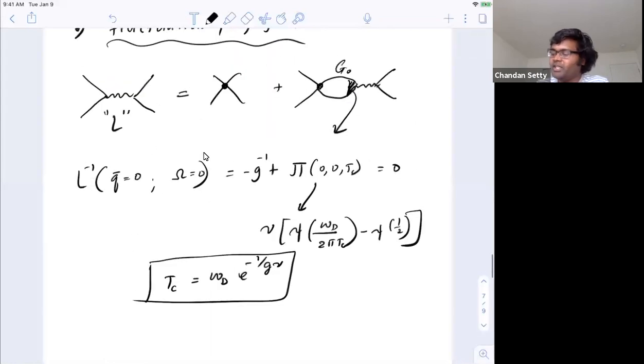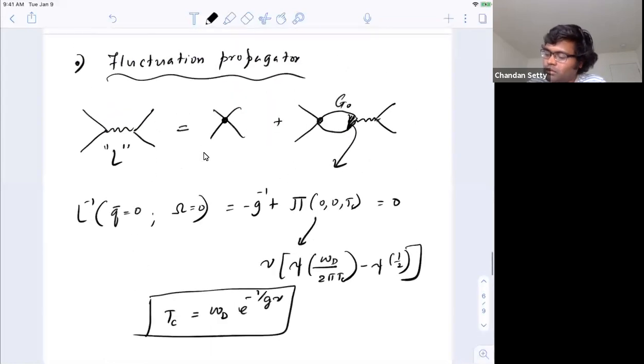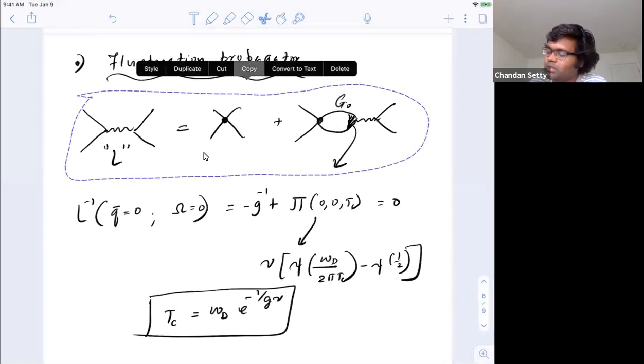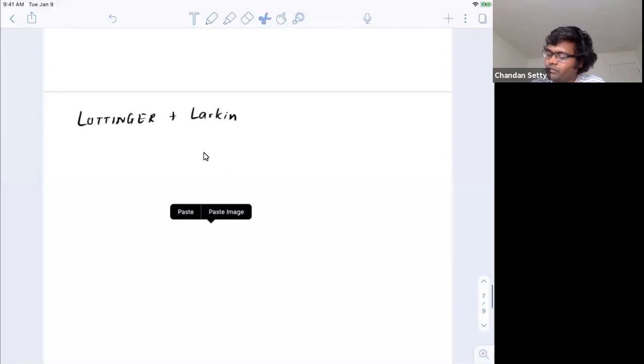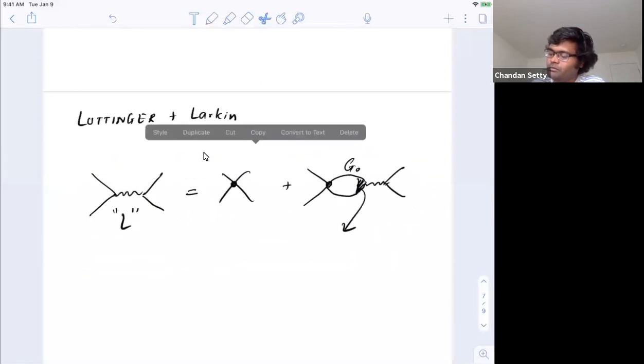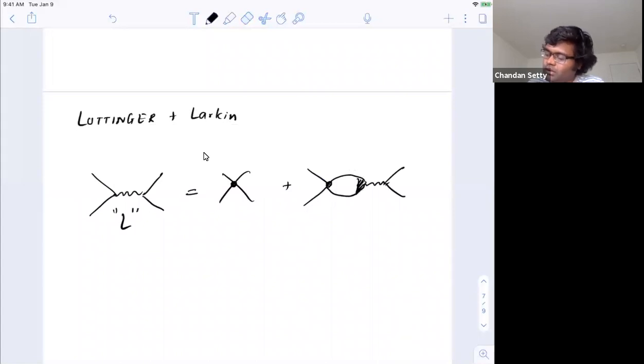I'll do something very naive, but I'll justify later why this holds. The naivest thing I can do is simply replace this G0 with the YRZ Green's function. Okay, so this is the crucial step. If you guys have an objection to this, we can talk about it right now.